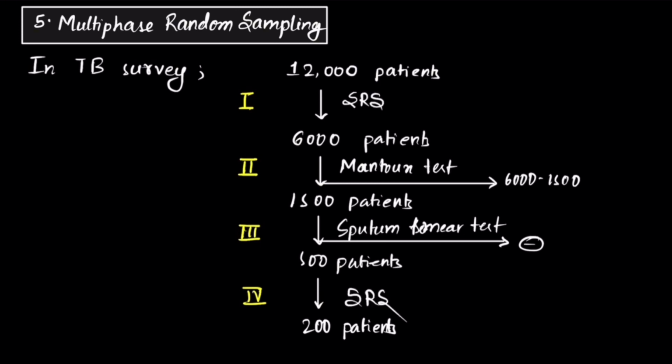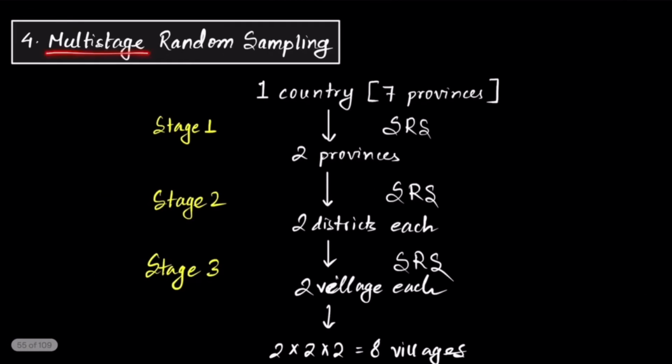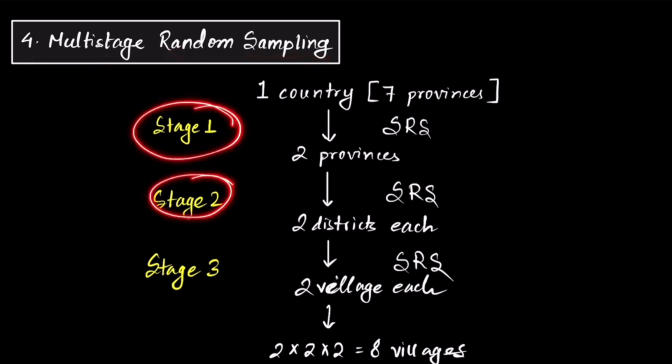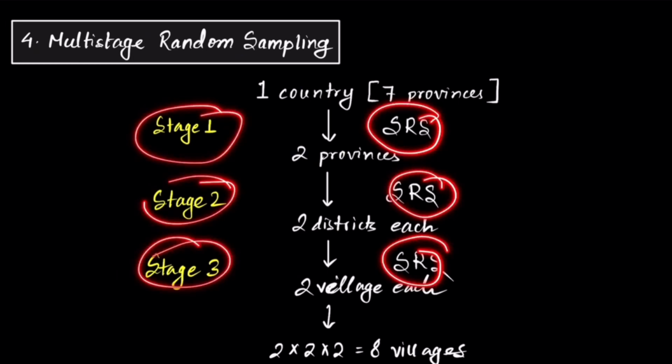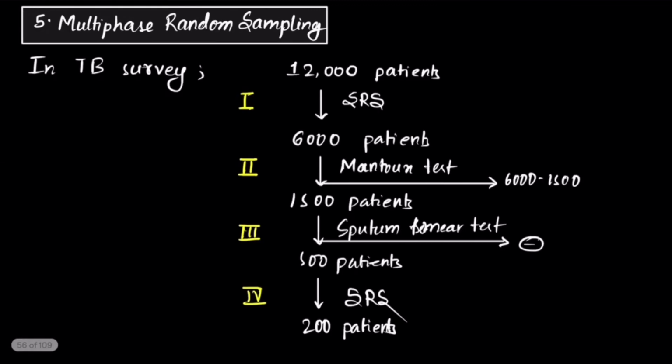So the difference between multi-phase and multi-stage random sampling is that in multi-stage random sampling, sampling is carried out in multiple stages, and in each of these stages, simple or systematic random sampling is carried out. However, in case of multi-phase random sampling, sampling is carried out in multiple phases, and simple or systematic random sampling is carried out only in the first and last phase of the sampling process.